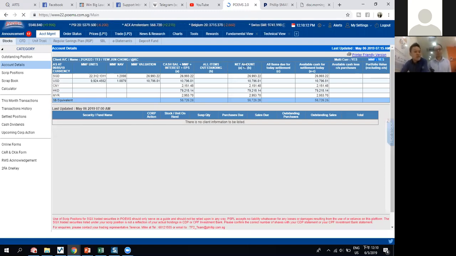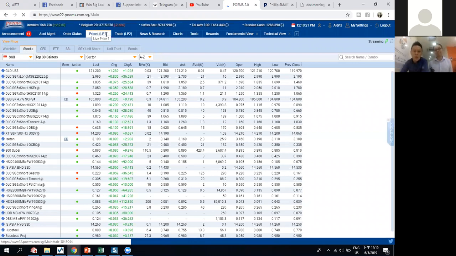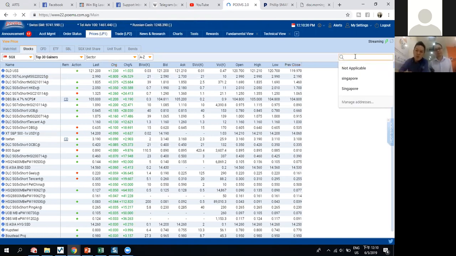If you put the money here, what if you want to buy shares? You have to look for the share you want to buy. Usually I go to the LP1. LP stands for live price. Let's say you want to buy DBS. I always key in here, it's faster to search, from this search button.